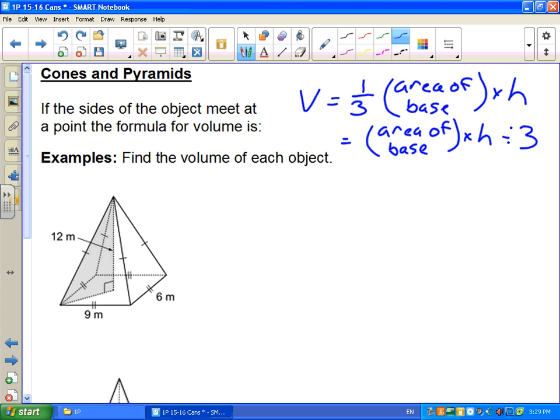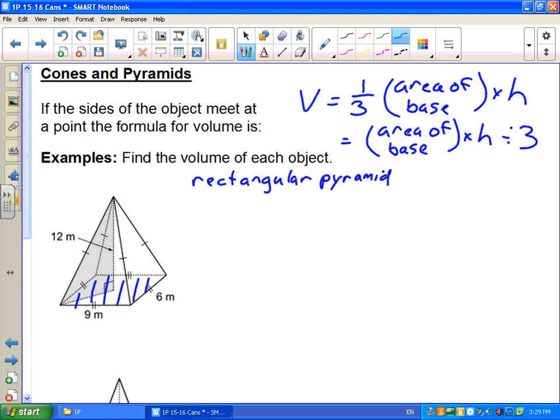So let's look at our first example here where we've got a pyramid. It's a pyramid because the sides of it are triangles, and this is a rectangular pyramid because our base is a rectangle. Our base is down here.